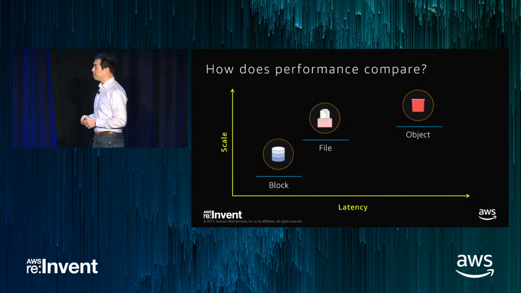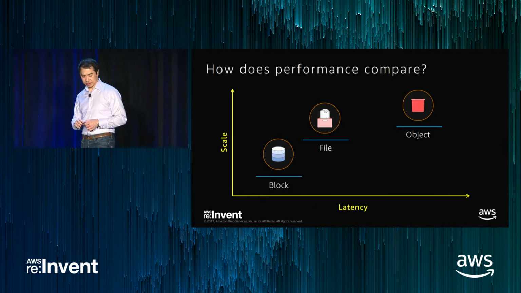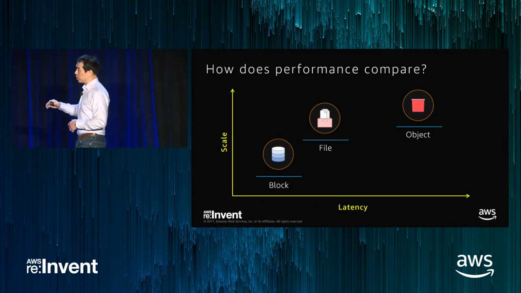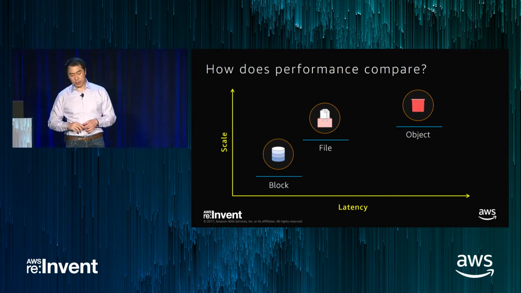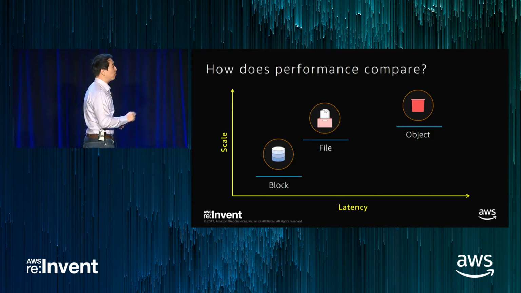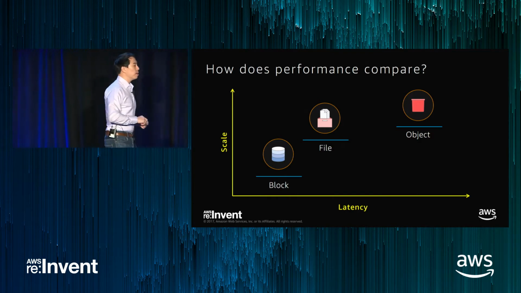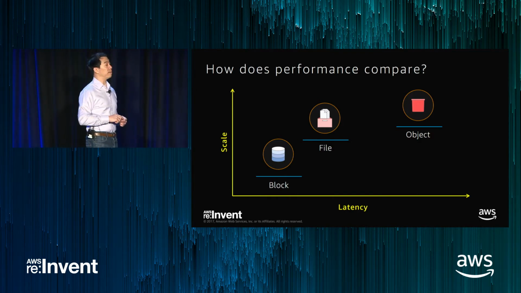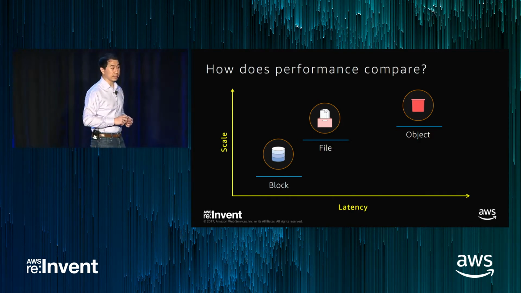So let's think a little bit about relative performance. So with block storage, kind of going left to right, block storage will typically provide the lowest latency or response time, but is sometimes limited to single gigabytes of throughput in terms of scale.